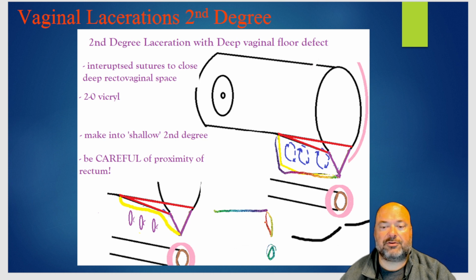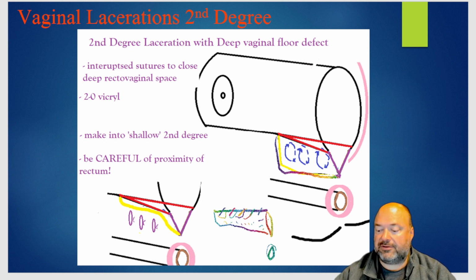But when you're getting ready to close the perineal body, you notice that with your relatively superficial vaginal floor closure, this was actually a deeper defect, and maybe your sutures for the vaginal floor closure only came down this far. And so you've got this open space here that you're just not going to be able to fully close off with your perineal body closure.